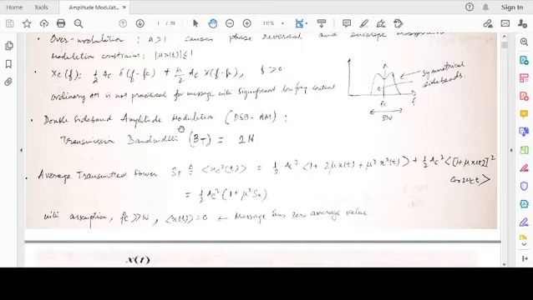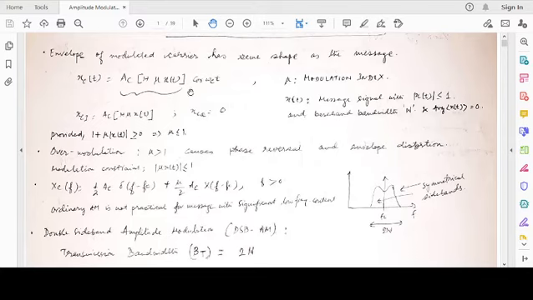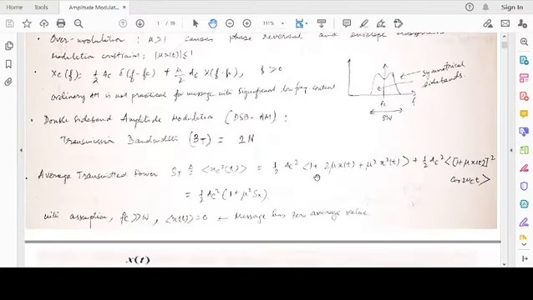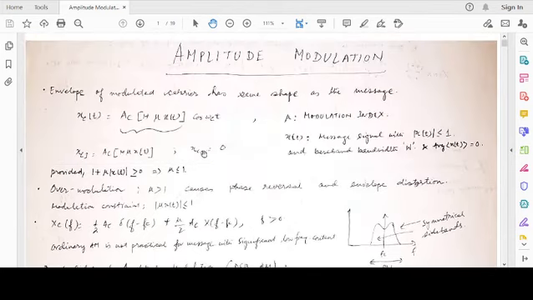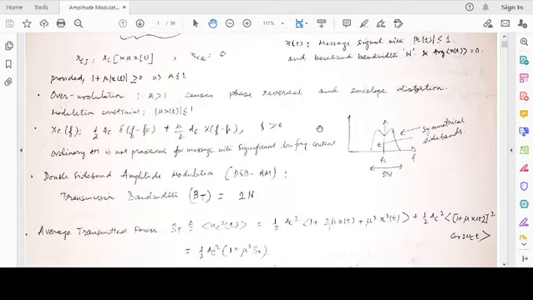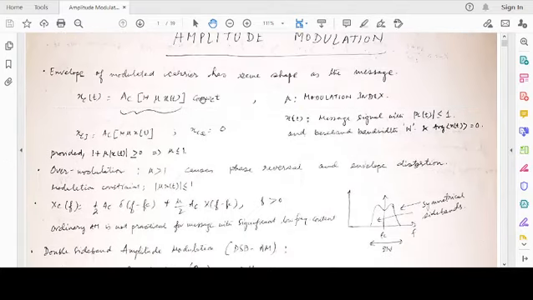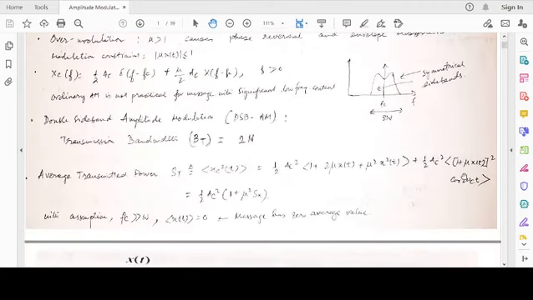If you make a substitution of Ac 1 plus mu xt cosine omega ct and expand it, you have half Ac square times 1 plus 2 mu xt plus mu square x square t, and that comes from the term which does not have cos square, gives you a DC component, and gives you cos 2 omega ct. So you have the same term with cos 2 omega ct. The average of this dies down, goes to 0. So you are left with this.